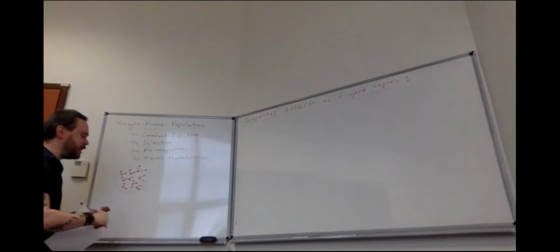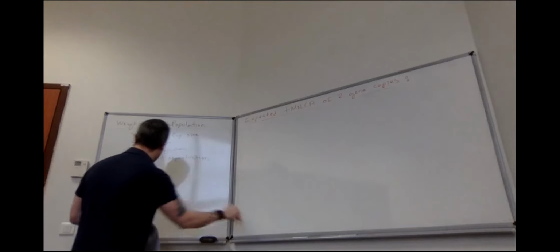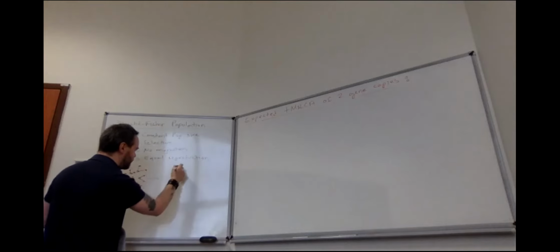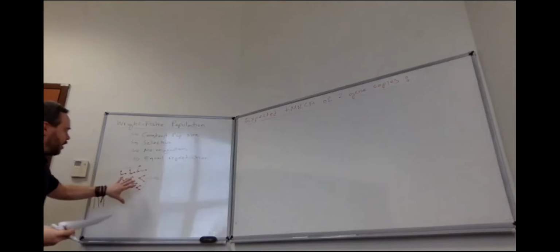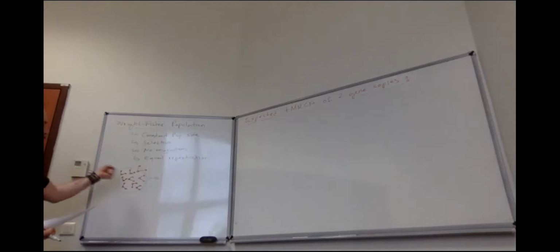Now, what the Wright-Fisher model says is that when we move to the next generation, the next generation of gene copies will be a random draw of 8 gene copies from this new pool of replicates.